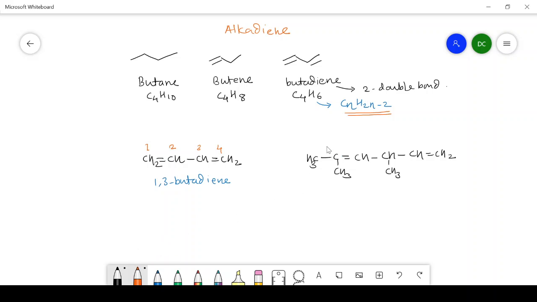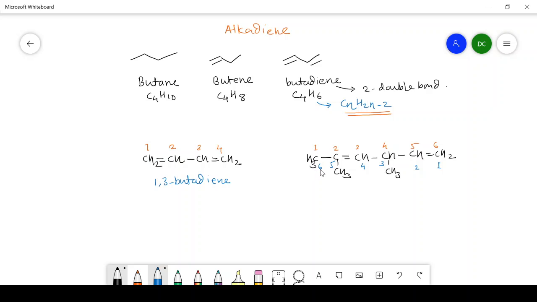In this compound, we will start numbering. Suppose from this side, then this carbon is first, second, third, fourth, fifth, and sixth. Now, if I start the numbering from this side, then this carbon is first, here second, third, fourth, fifth, and sixth.